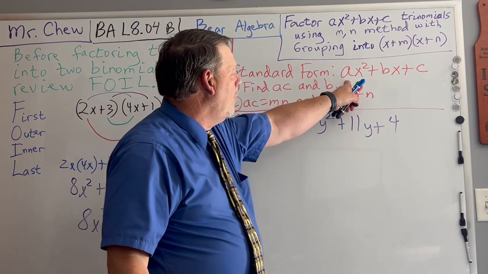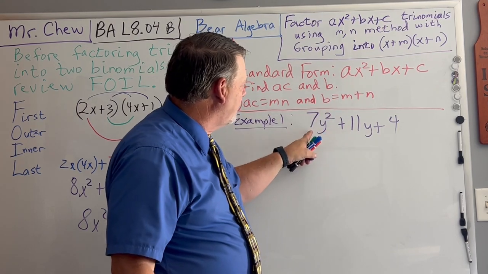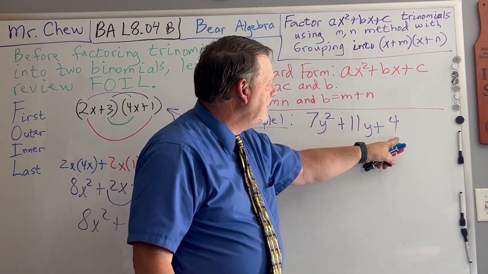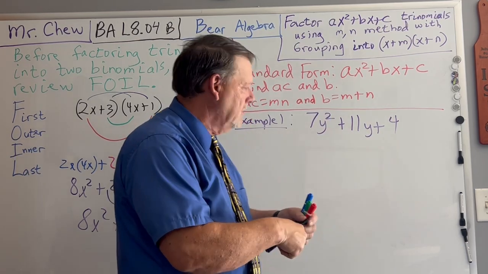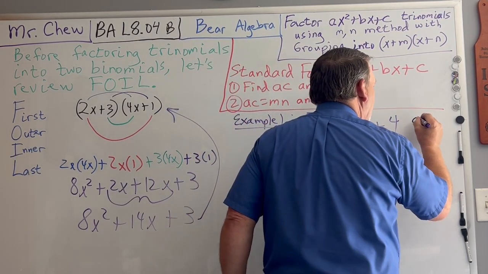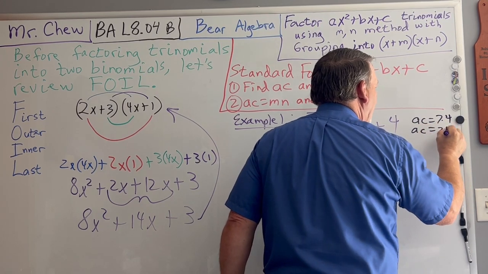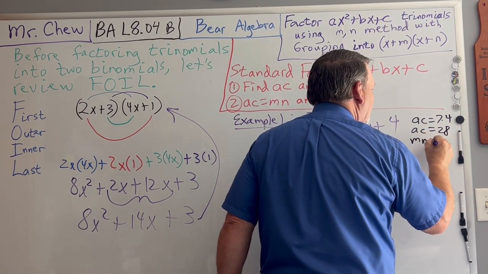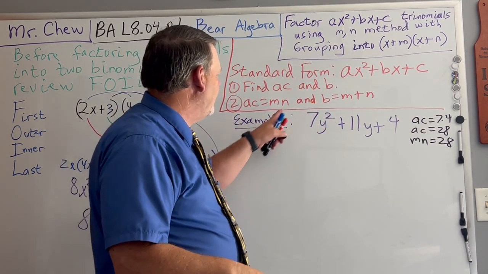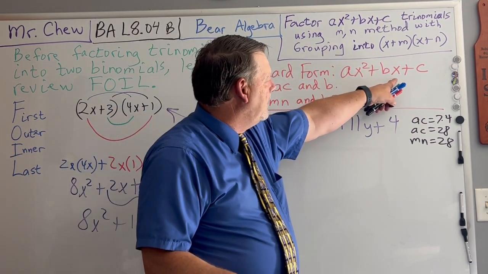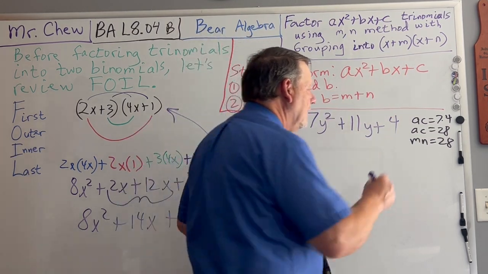We're looking at this form, so I'm going to take a times c. A is the number in front of the square term, so 7 times 4. So I know that AC equals 7 times 4, that's 28, and that has to be MN whenever I put it in my table. And I have to identify my B. My B is the number in front of the first power term, so 11.